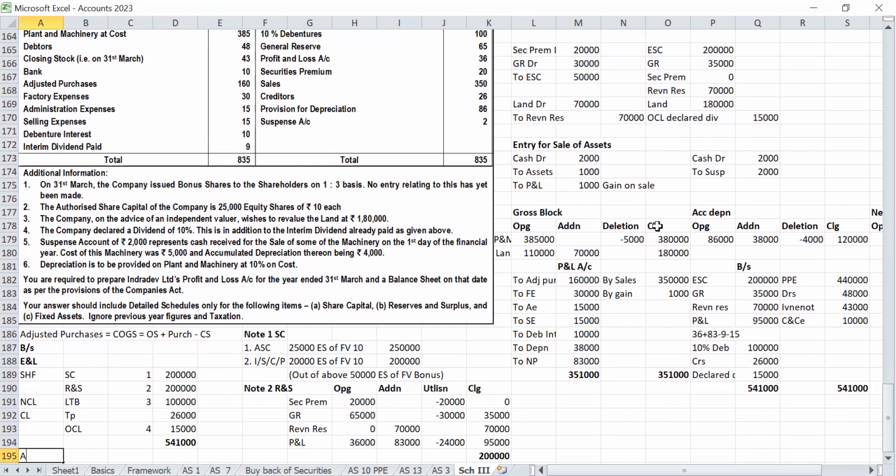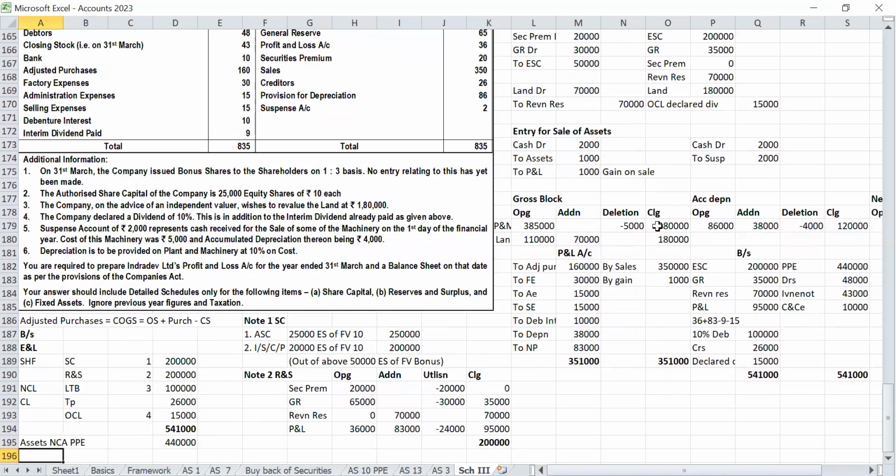Then asset side, non-current assets, PPE and intangibles. PPE only you are having. PPE working note in detail we have discussed. So 4,40,000 PPE. Then only one non-current assets. Then current assets.